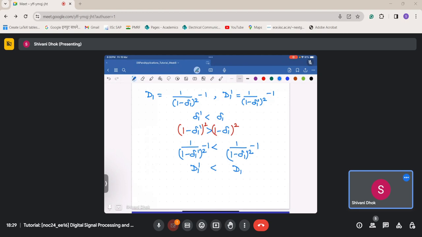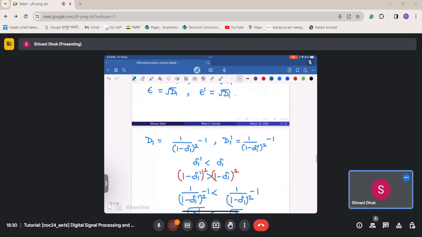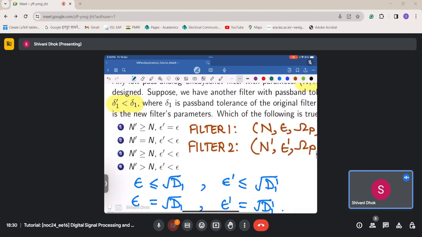So what we get is d1 prime is less than d1. In a similar way, this means that epsilon prime should be less than epsilon. So we have epsilon prime less than epsilon, and the possible options are these.